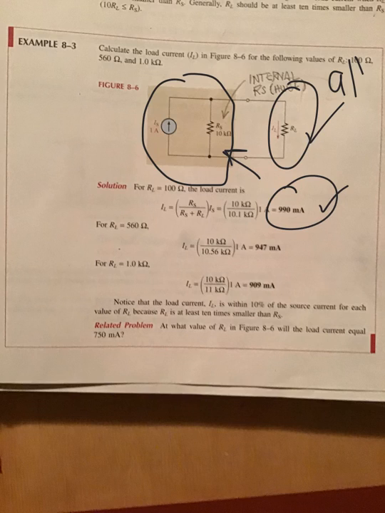Would have been hard to use Ohm's law because you have a current source, not a voltage supply, and this is a parallel circuit. So we had to use current divider.